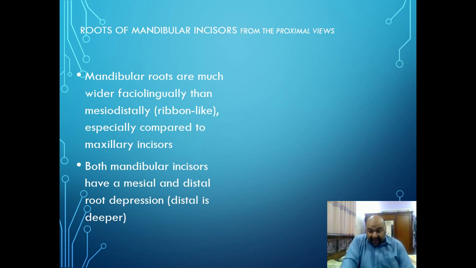Since these are quite narrow teeth, they need to be anchored, placed more firmly in the alveolar bone or the alveolar socket. These developmental depressions, the mesial and distal longitudinal root depressions, help to anchor the tooth or embed the tooth within the alveolus.